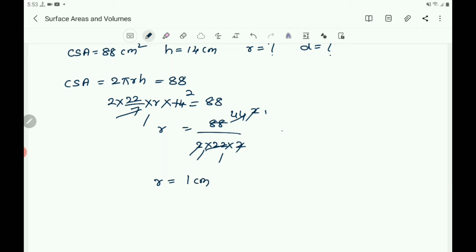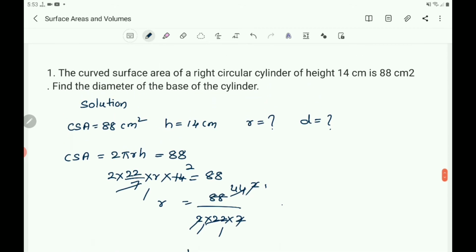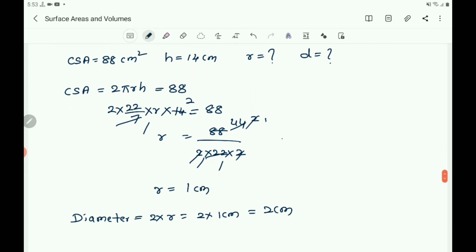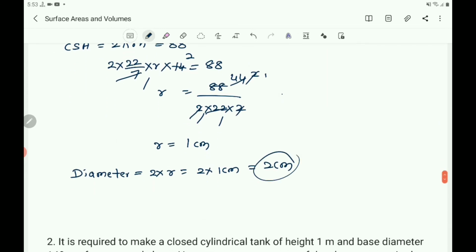So write diameter equals 2 into r, that equals 2 into 1 centimeter equals 2 centimeter. Here CSA is given and height is given, and we got the diameter of the base. As we got r equals 1, the diameter is twice the radius, that is 2 centimeter.